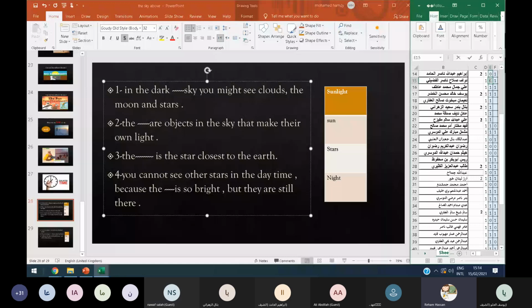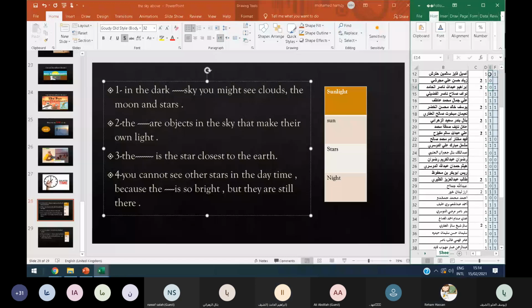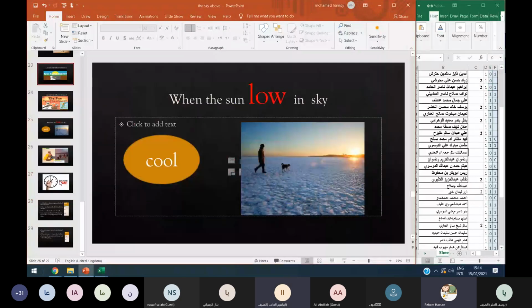Yes, Ibrahim. Stars are objects that make their own light. Yes, their own light. Thanks, Ibrahim. Yes, Ziad.